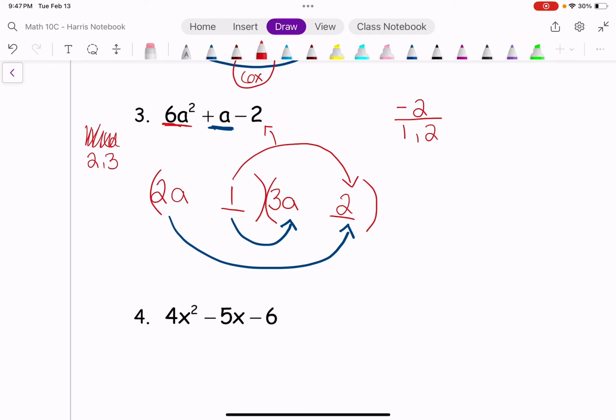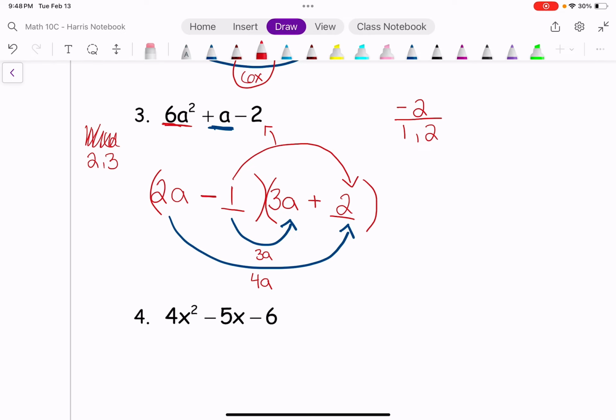So let's go 2a times 2 gives me 4a, and 1 times 3a gives me 3a. I need to try to get to a plus 1, and I know one of these numbers has to be negative. So if I have 4a and 3a to get to a plus 1, my 3a needs to be negative, meaning this -1 has to go here.